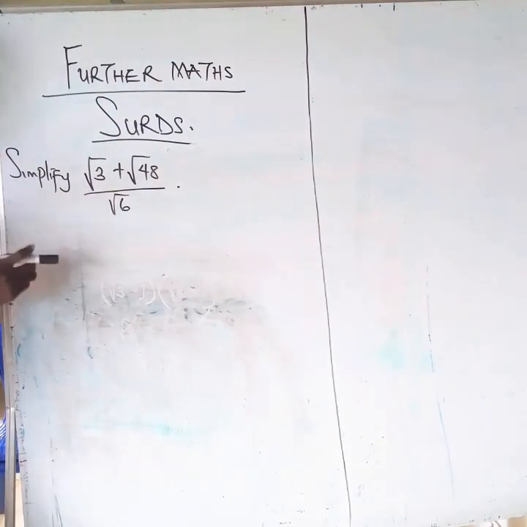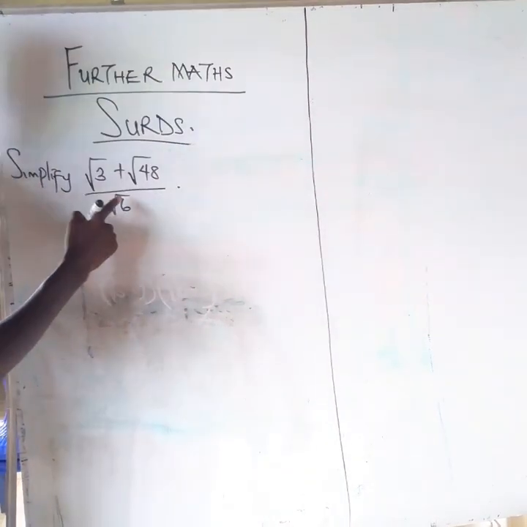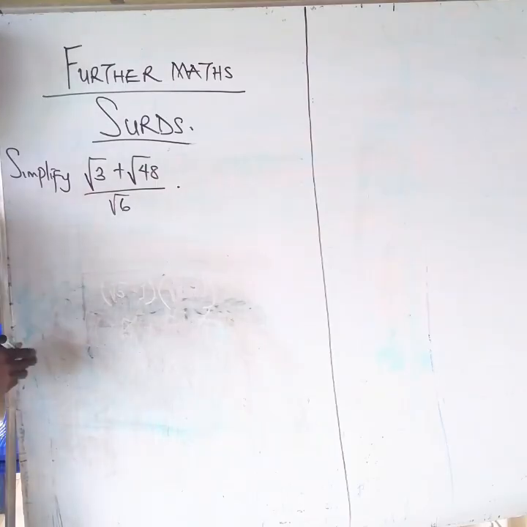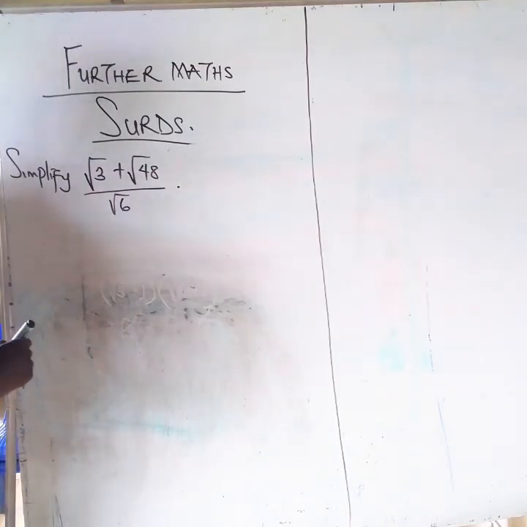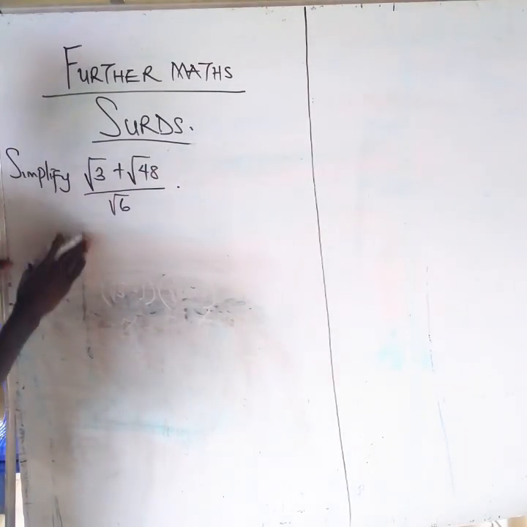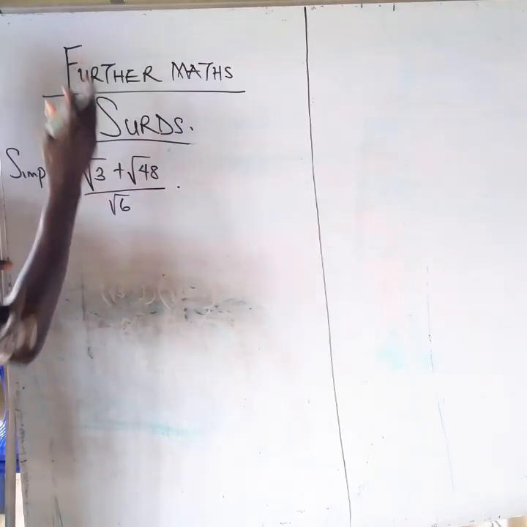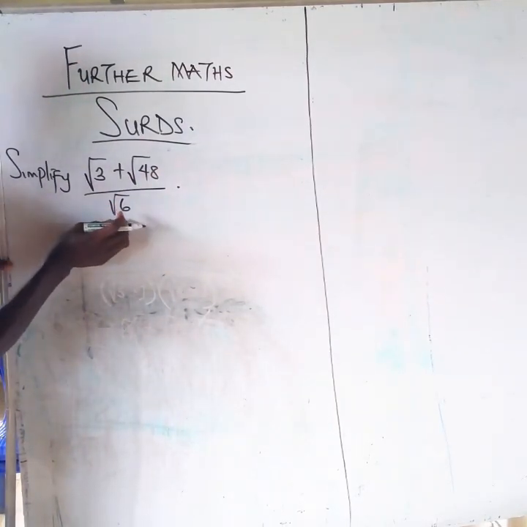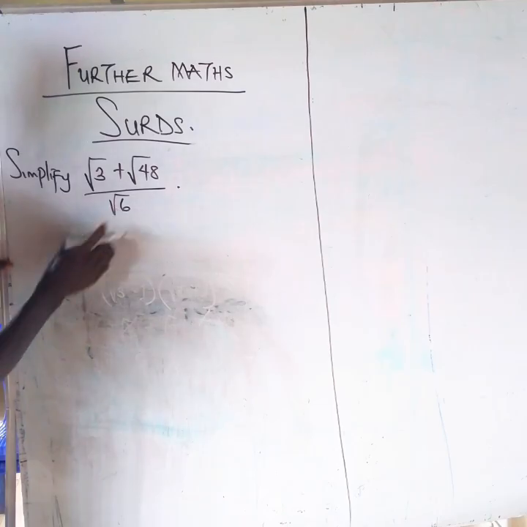Look at it. Simplify root 3 plus root 48 all divided by root 6. Now, if you have something like this, you're going to multiply both the numerator and the denominator by what you have as the denominator. What I mean is this.